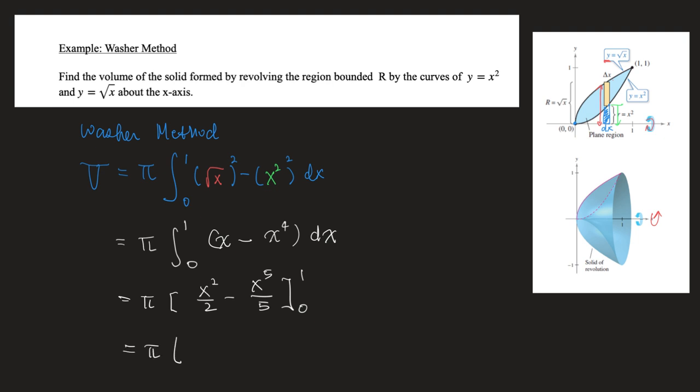This is pi times (1/2 minus 1/5). With a common denominator of 10, that's 5 minus 2, so we have 3 pi over 10. That's how to evaluate this washer method.